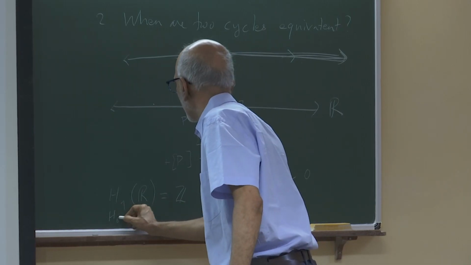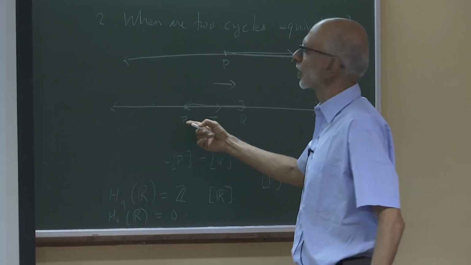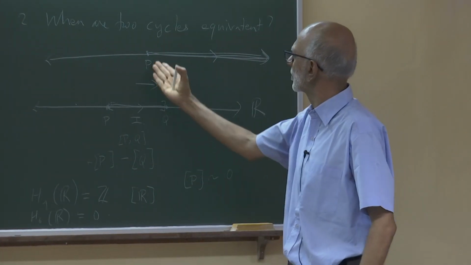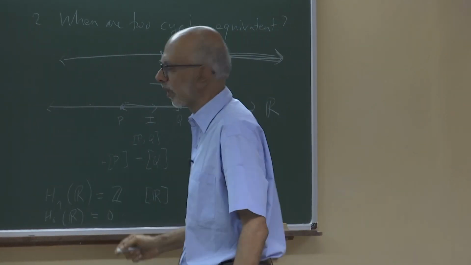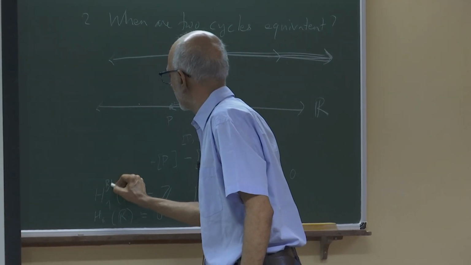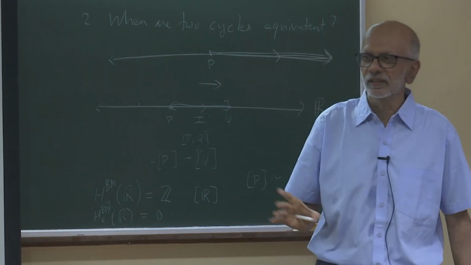And H0(R) is equal to 0, because any point, and after all these are linear combinations of points, is equivalent to 0 because it's the boundary of something. Okay? And so this homology theory is called BM. So in the BM homology theory, this is the answer.